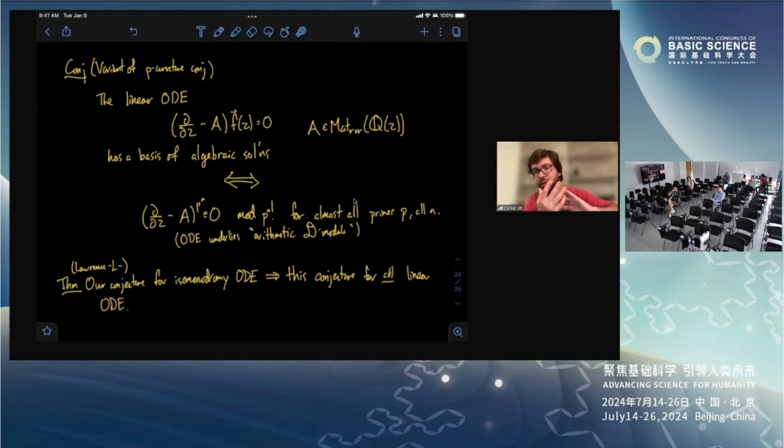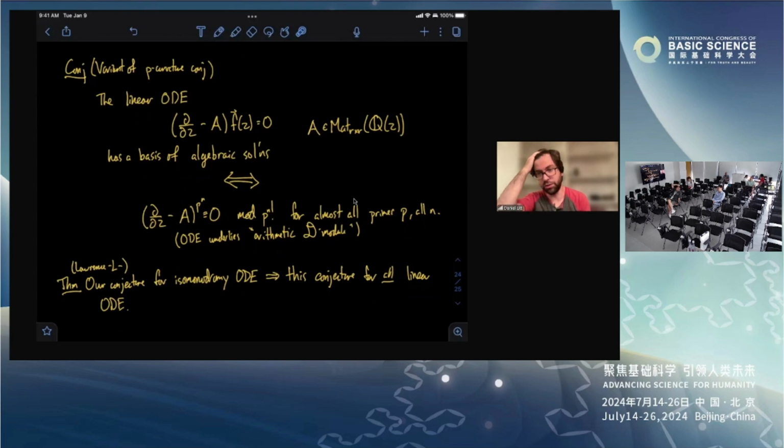Yeah, so if you have a singular fiber, you get a singularity in your ODE. Okay, I can say a little bit about this. If you have a singularity of your ODE, you usually can't write down a basis of holomorphic solutions at all.